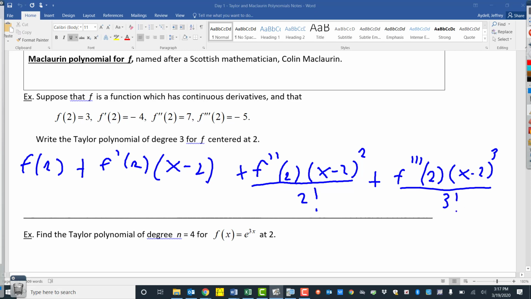Now, this is just written out without actually plugging anything in, so now we're going to actually plug some things in.